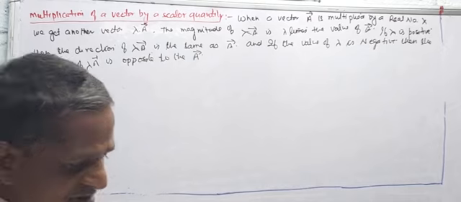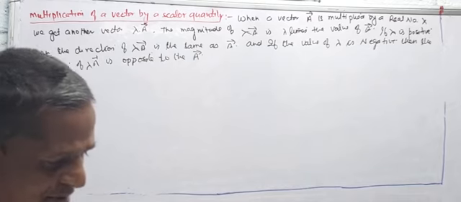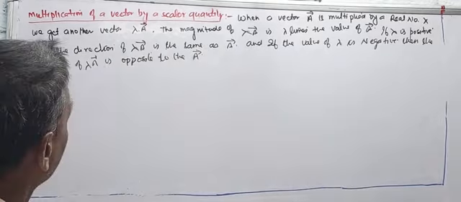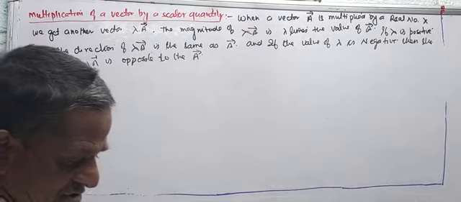Now we will see multiplication of a vector by a scalar quantities.